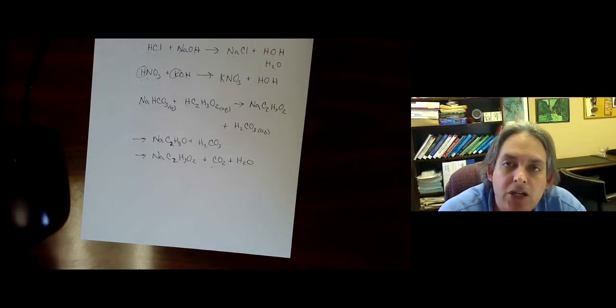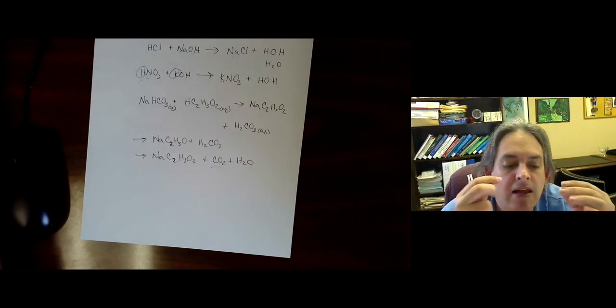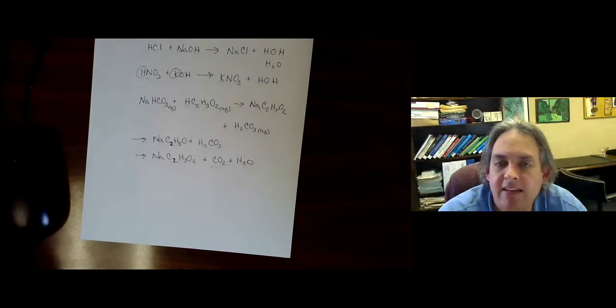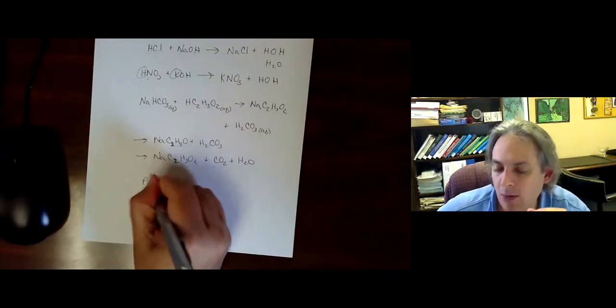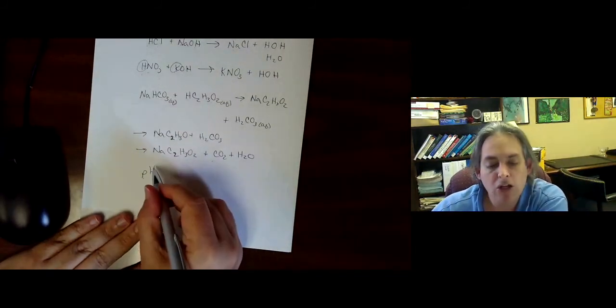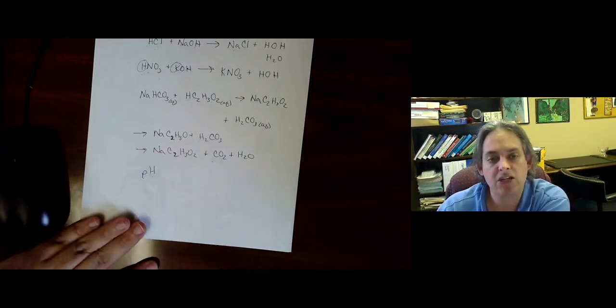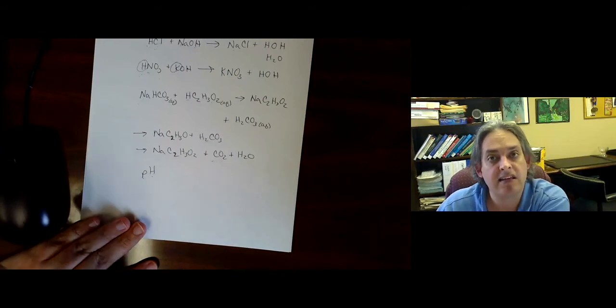And the way we measure the strength of an acid, or I should say not necessarily strength, but the acidity of an acid, is through something called pH. pH stands for the power of the hydrogen ion. And so this is actually a log function, but all you really need to know is that the pH is a scale that we use to measure acidity or alkalinity.